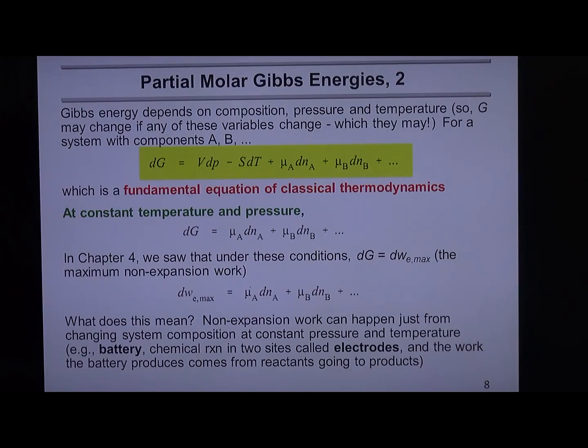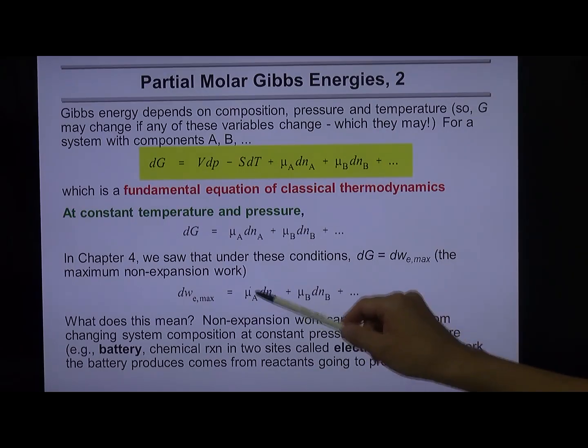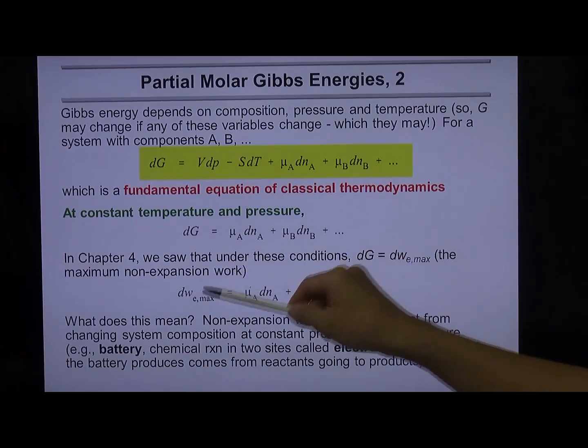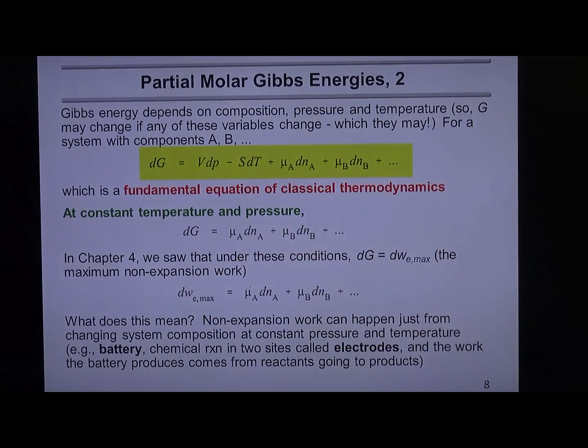In a battery, we are not doing any expansion work. We simply do a chemical reaction inside of that. There is movement of electrons, ions, etc. They change the composition, the amount of materials, and that generates energy, electrical energy.